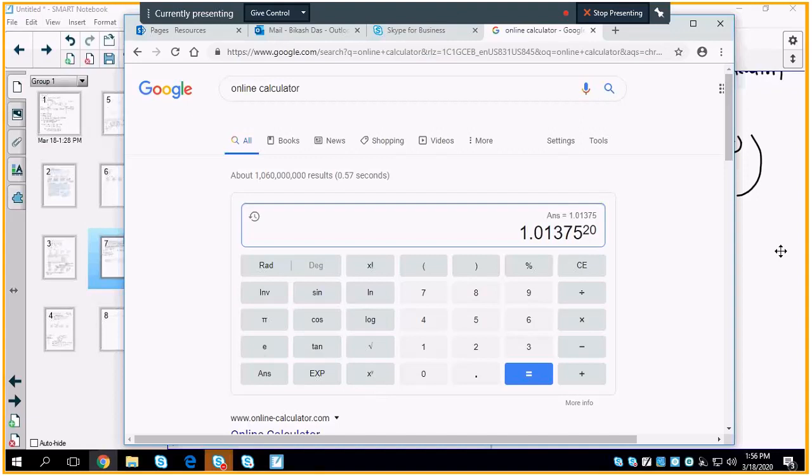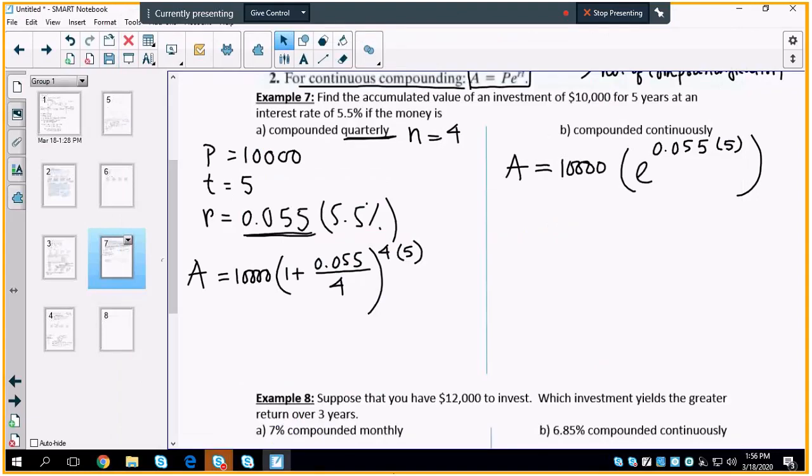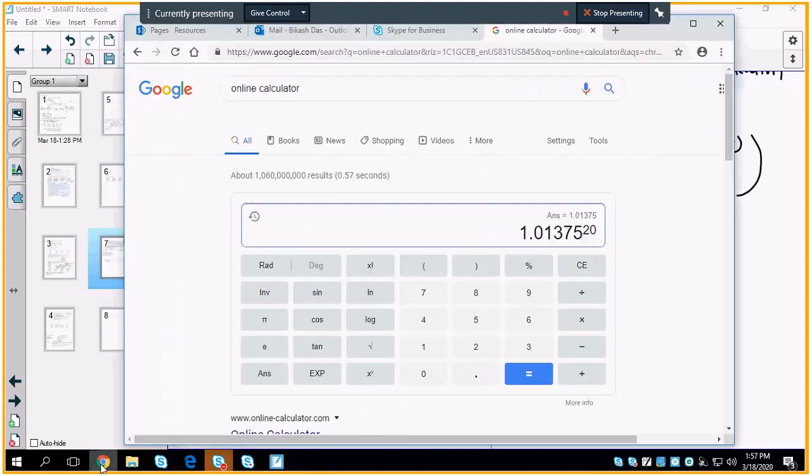Remember, it was to the power 4 times 5, which is 20. And then finally, I multiply this answer by 10,000. Round it to 2 decimal places. Because the third decimal place is 5, I add 1 to the previous decimal place. So it becomes $13,140.67.